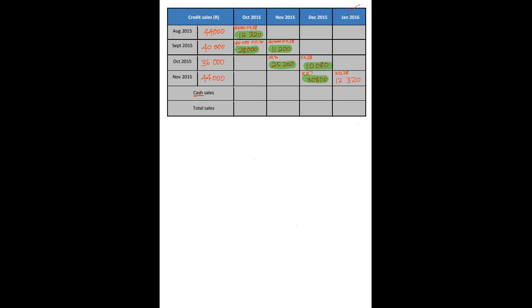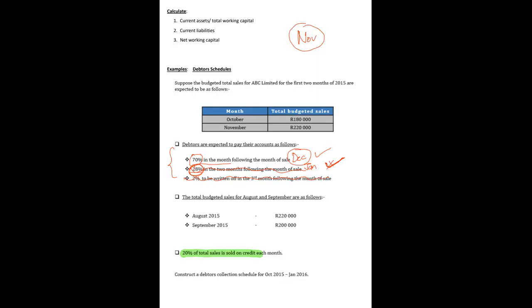So if they said to you here that 20% is sold on credit, which they did say to you at the bottom here, that would automatically make the remaining 80% your cash sales. So your cash sales is 80% of the total sales.